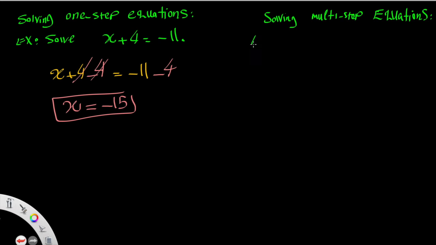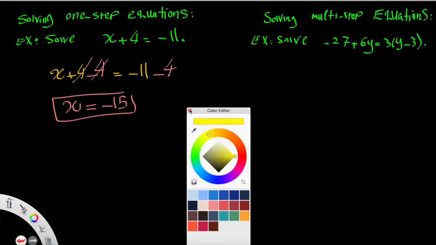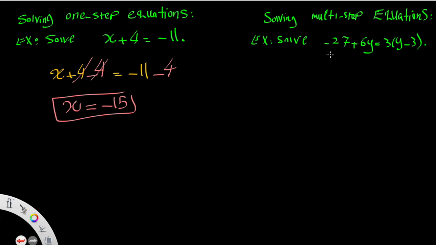Example, solve minus 27 plus 6y is equal to 3 times y minus 3. Here, the first step is to expand the right hand side. Minus 27 plus 6y is equal to 3y minus 9.